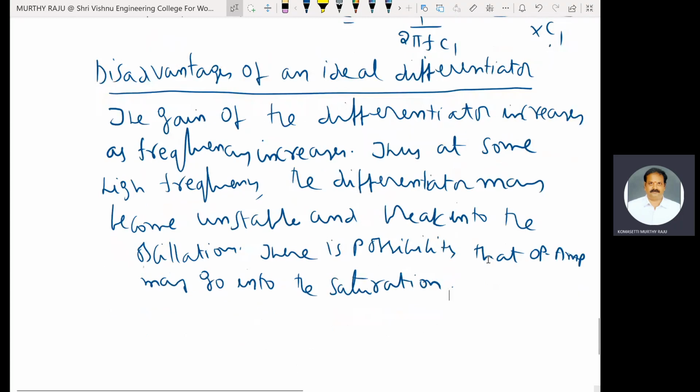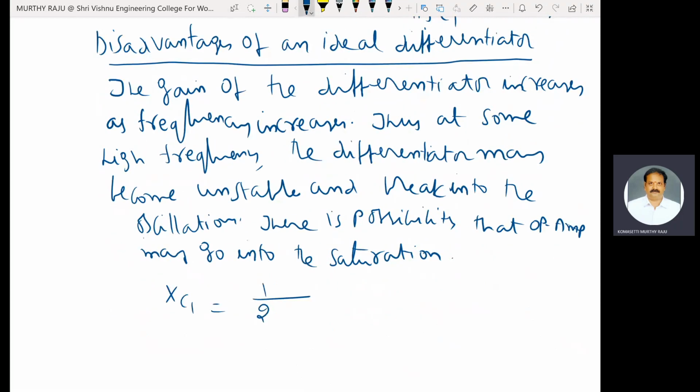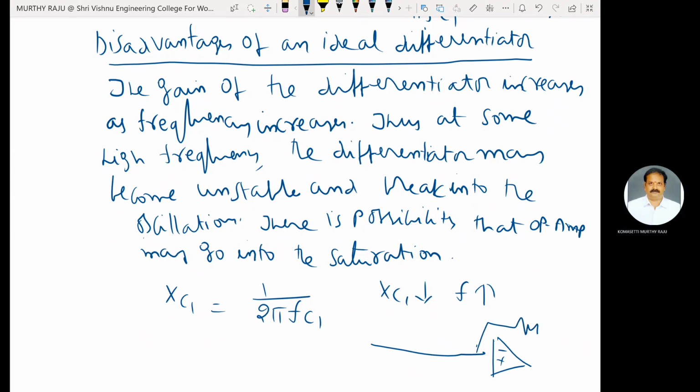Suppose XC1 is equal to 1 by 2 pi f C1. As input impedance decreases, XC1 decreases as frequency increases. This makes the circuit very much sensitive to the noise. That means the input side capacitor acts as a short circuit. This is the feedback resistance RF.